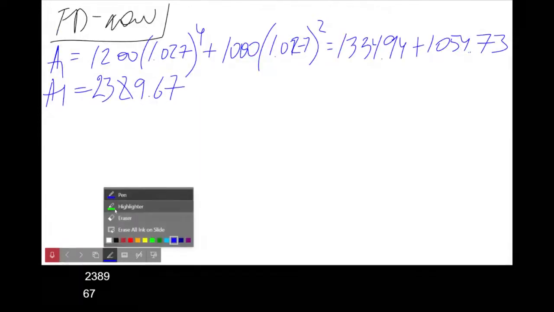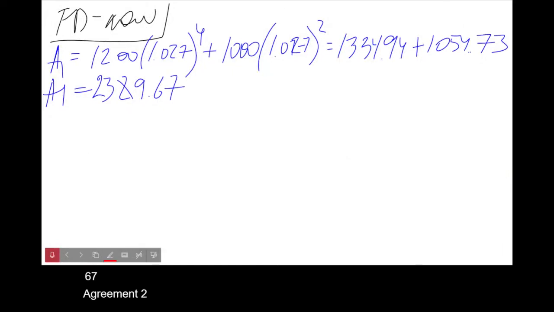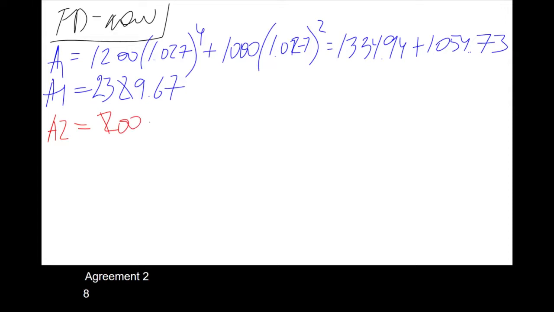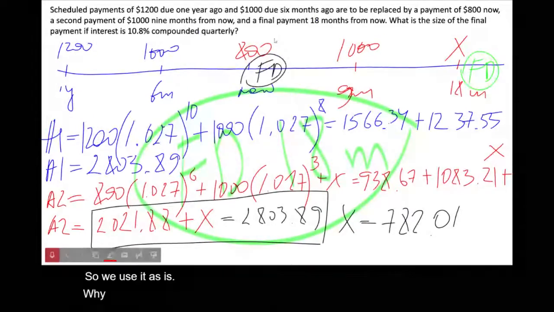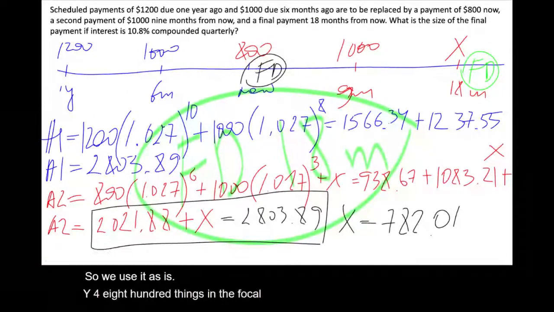Agreement 2. $800 is already there, so we use it as is. 800 is in the focal date. We don't move it.